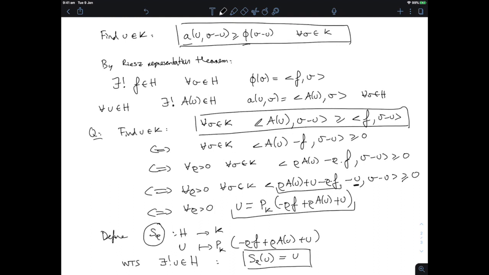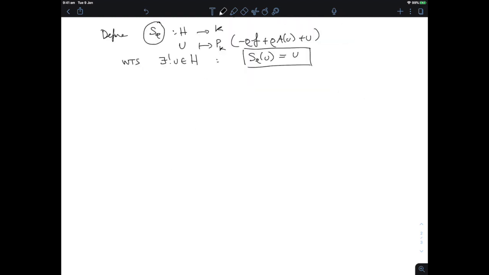And then, because we're in a Hilbert space, this will guarantee that it has a fixed point. Right, so I've reduced the problem to showing that I can pick a rho to my liking that guarantees that S rho is a strict contraction. Let's try to do that now.